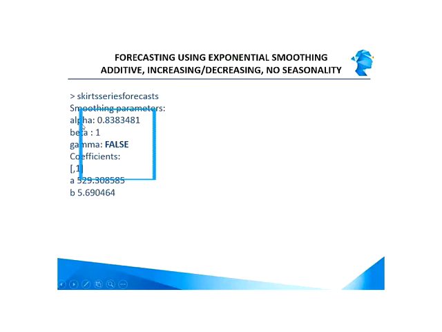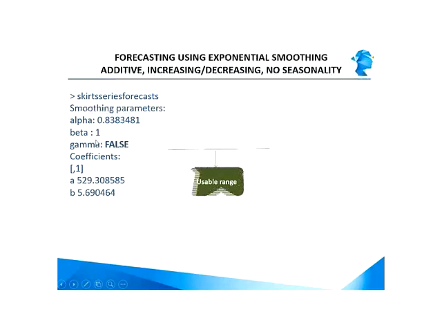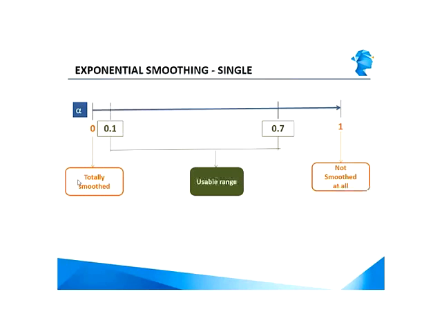It has used an alpha of 0.8 and a beta of 1. You remember the ranges of smoothing parameters; we talked at length about them. Alpha smooths the random fluctuation. If it's closer to 0, it's totally smoothed. If it's exactly 0, it's totally smoothed; if it's exactly 1, it's not smooth.